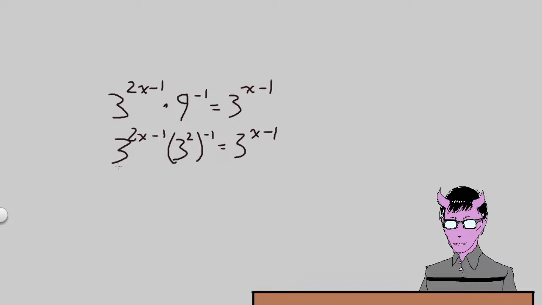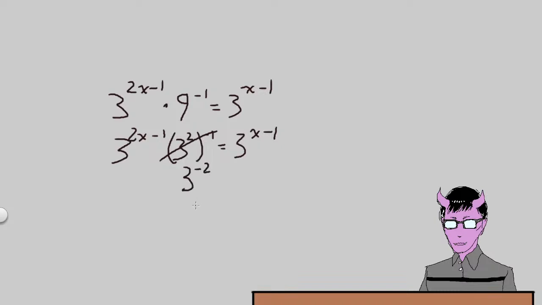Alright, well, we have the same base here, base 3 multiplied to another base. So we could just summate the exponents, but make sure you distribute that nonsense first. I'm just going to do it right here. So, you know what? Let's cross this out, just for the sake of efficiency.